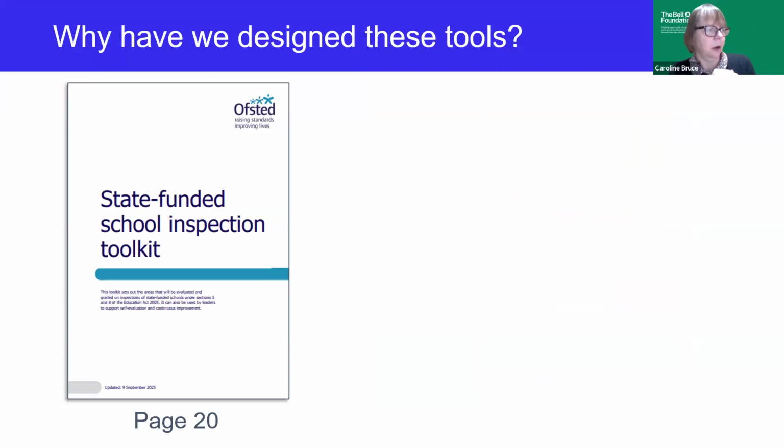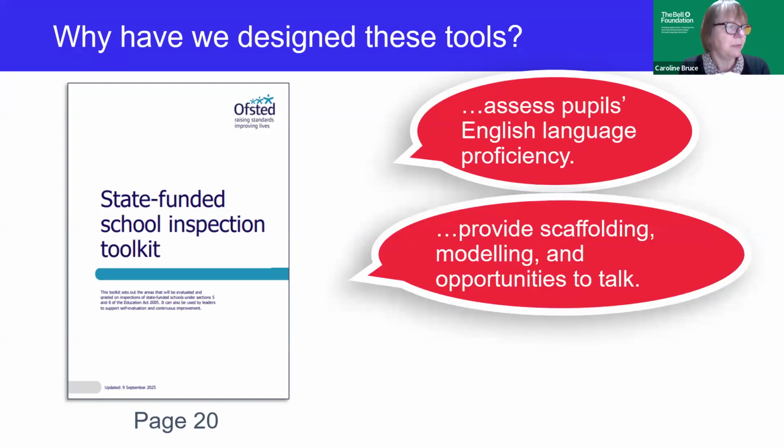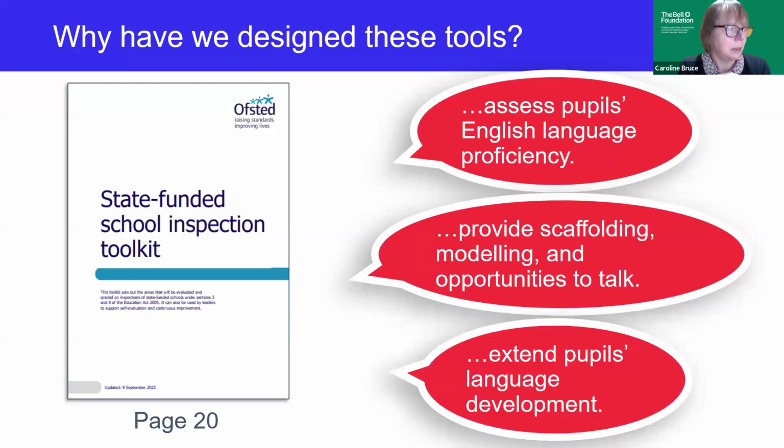There are numerous statements in Ofsted's updated version regarding EAL, but amongst those it states that inspectors will consider the extent to which teachers assess pupils' English language proficiency accurately and regularly, recognise that providing opportunities for pupils to talk with staff and peers during lessons is particularly important, help pupils articulate what they know and understand by scaffolding, modelling, extending and developing their ideas, and develop and extend pupils' language carefully and deliberately with plenty of repetition.